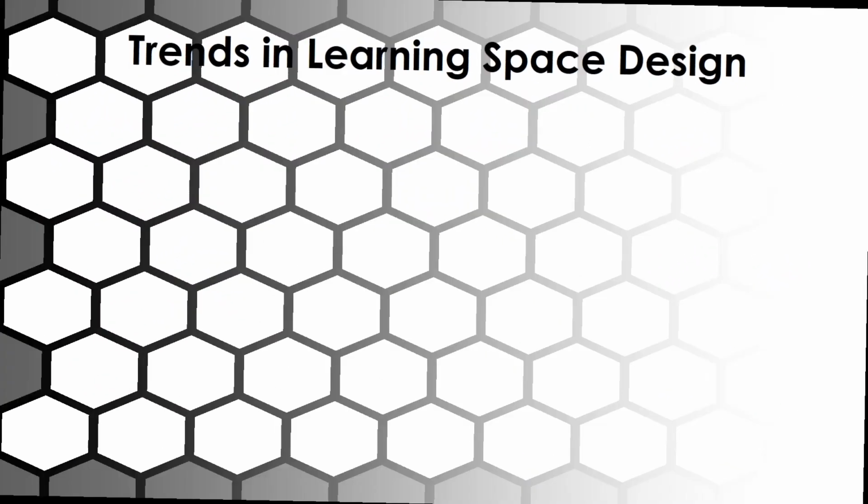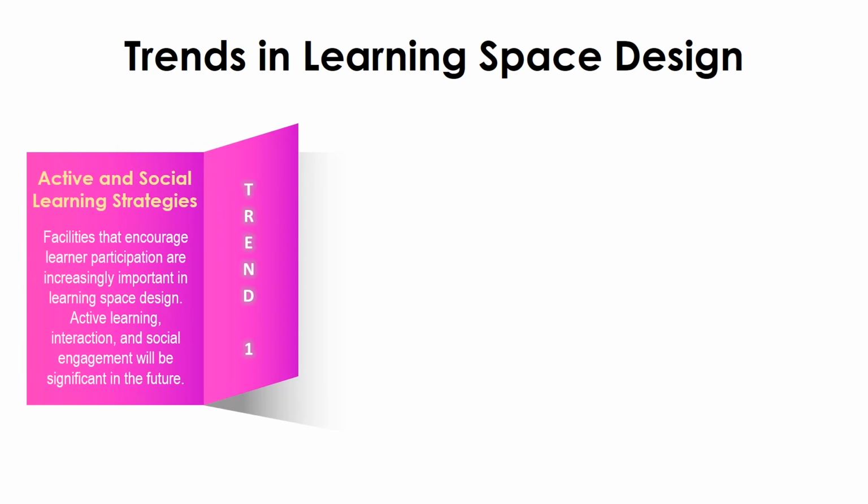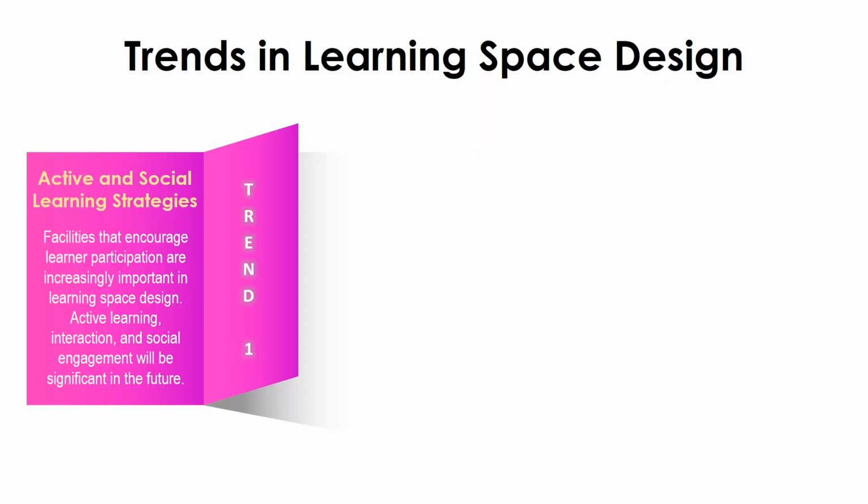So, what are the trends in learning space design? Trend one is space designed to facilitate active and social learning strategies. Here the learning space facilitates and encourages learners' participation, and here you can impose active learning, interaction and social engagement that will be significant in the future.